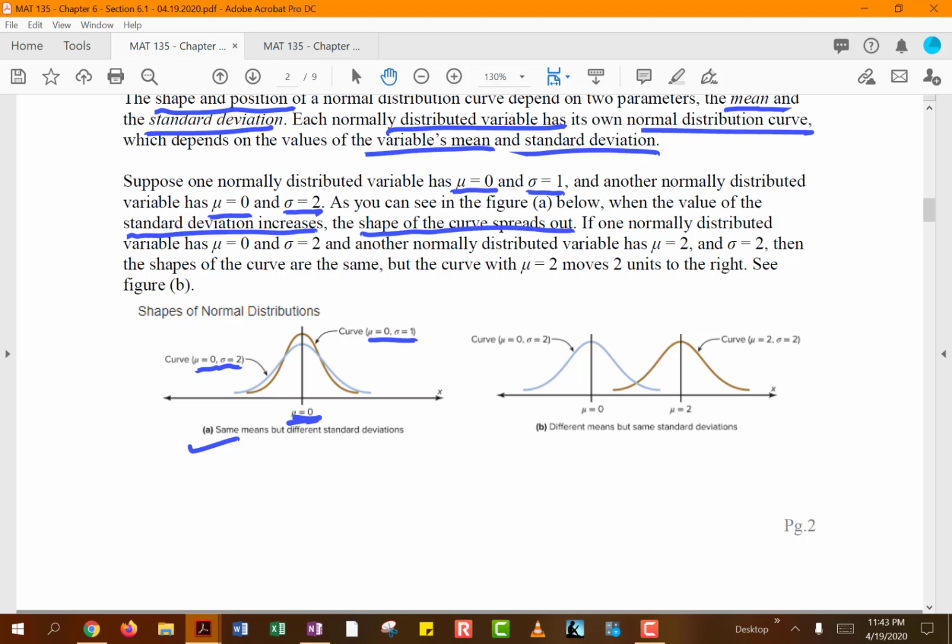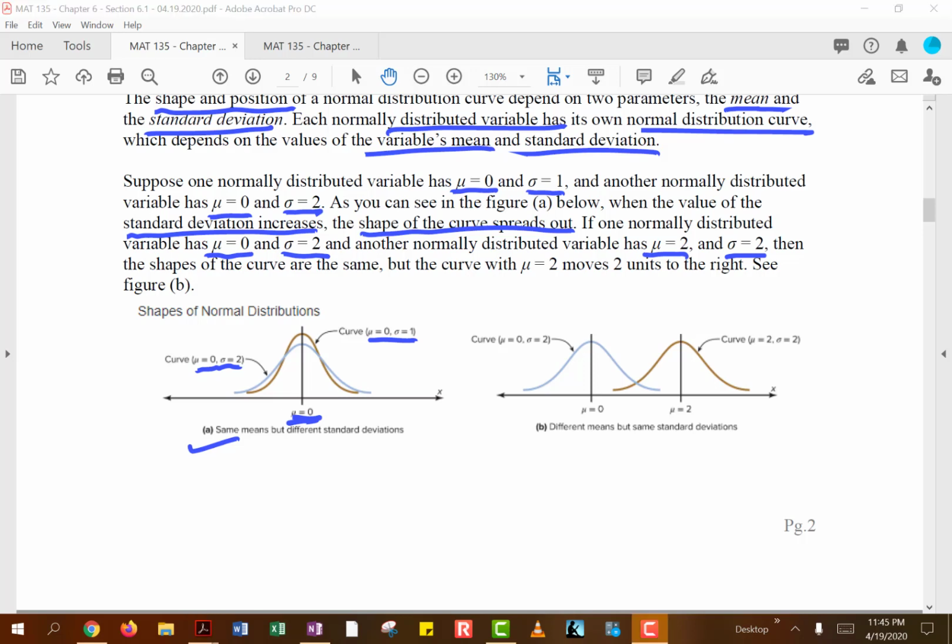Now, let's say we have one normally distributed variable that has mean at 0 and standard deviation at 2, but another normally distributed variable has the mean at 2 and standard deviation also at 2. So in this case, you will notice that my mean is different, but they both have the same standard deviation.